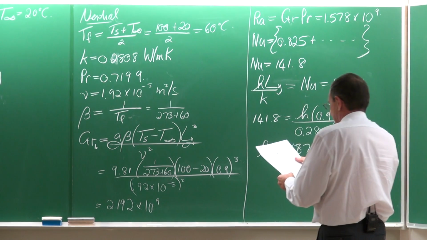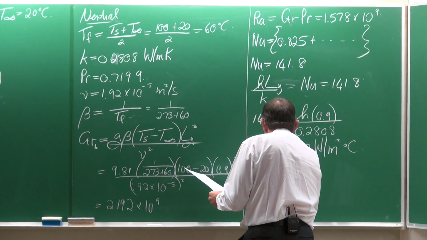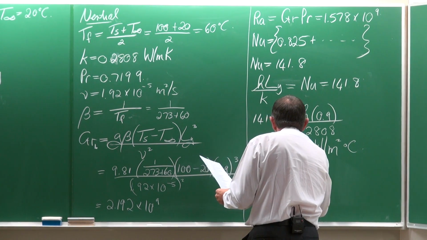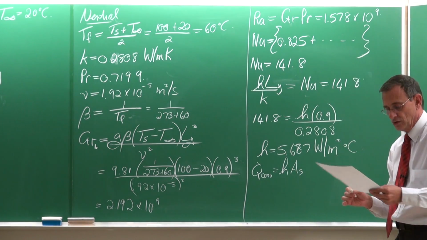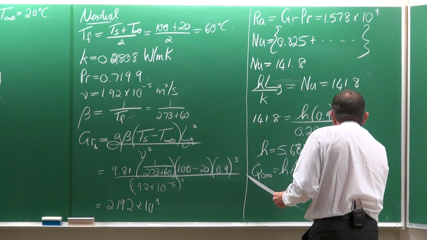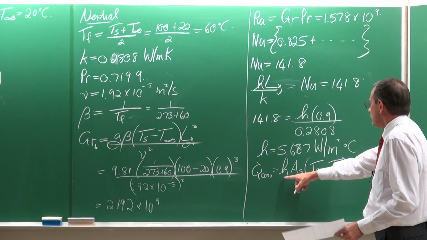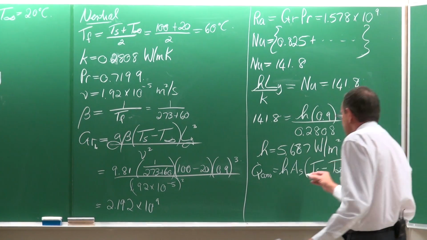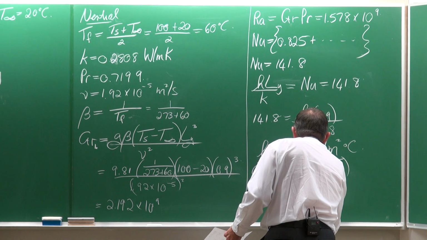Right, now that we've got that, we can calculate the convection heat transfer, which is equal to the heat transfer coefficient multiplied by the surface area multiplied by Ts minus T infinity. The heat transfer coefficient is 5.687.